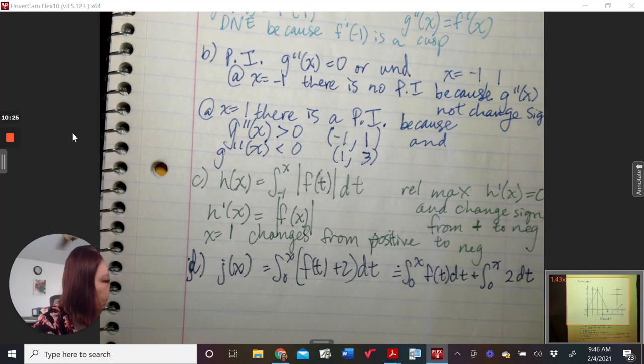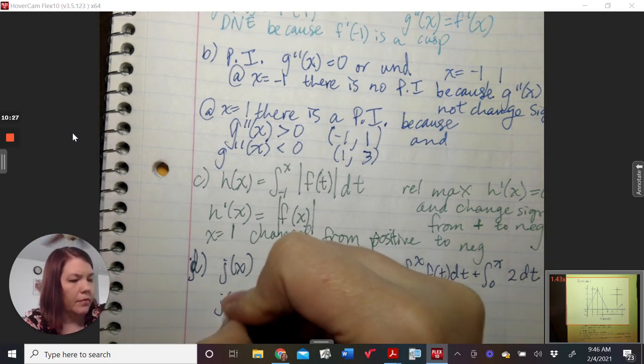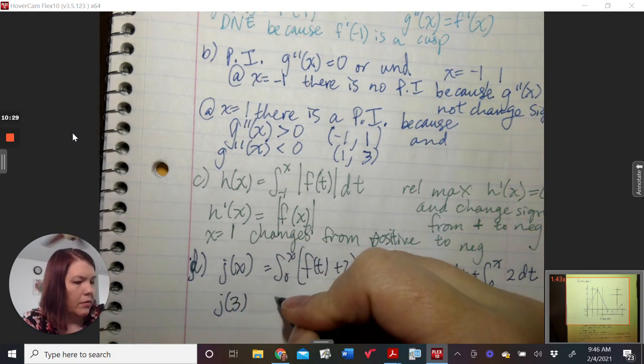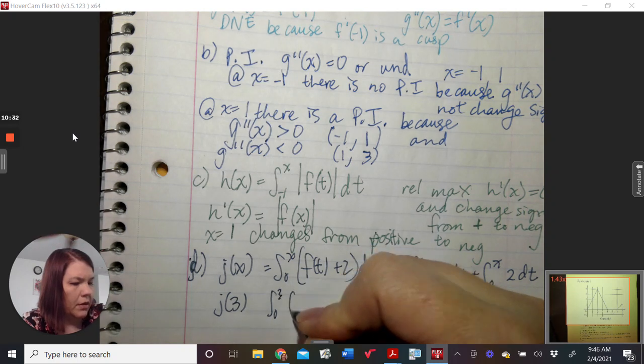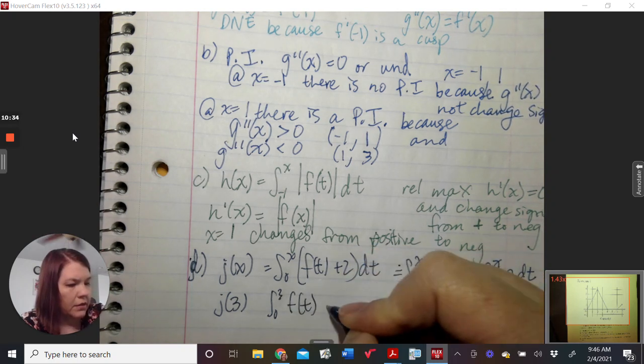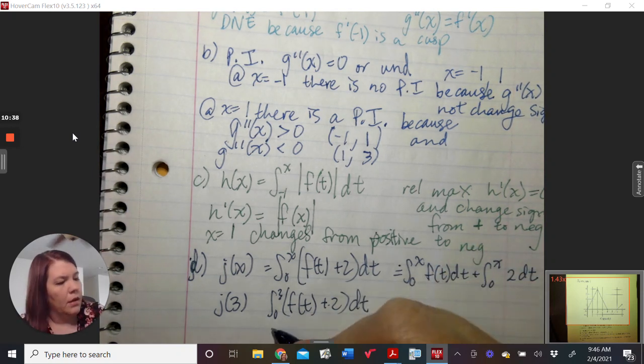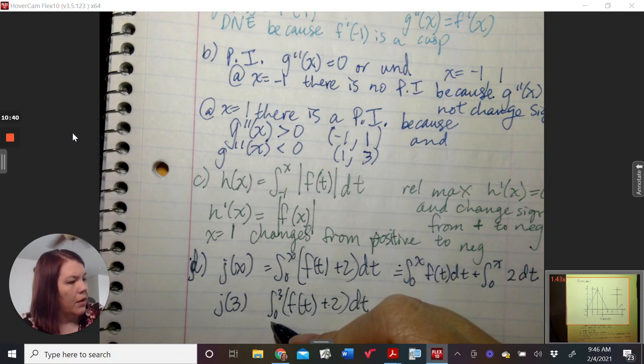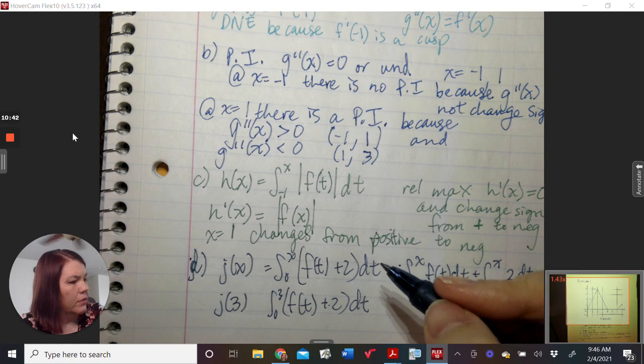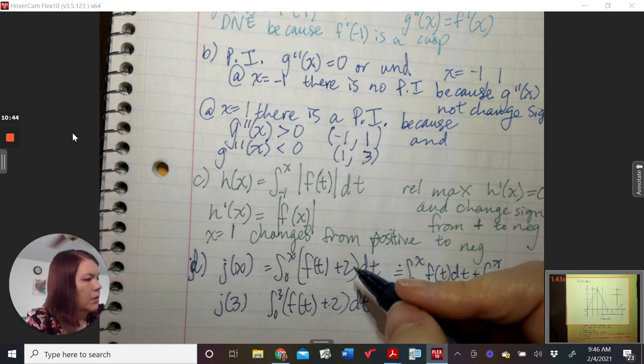Find J of 3. So the integral from 0 to 3 of f of t plus 2 dt. I just want the area under the curve of f from 0 to 3, which is 1.